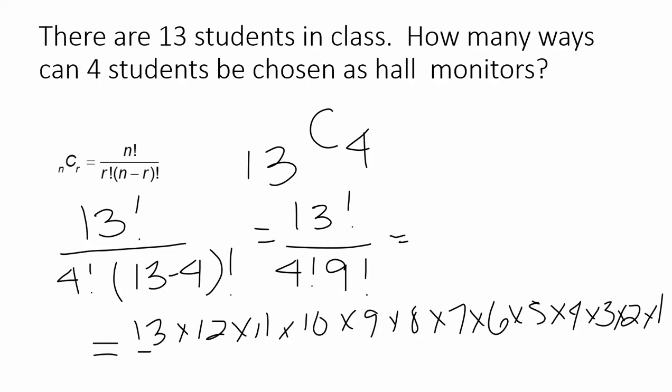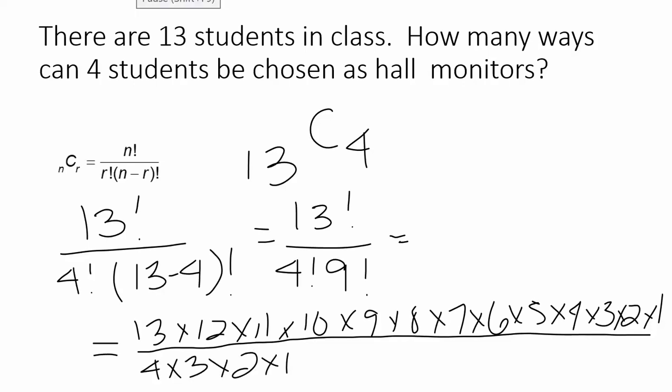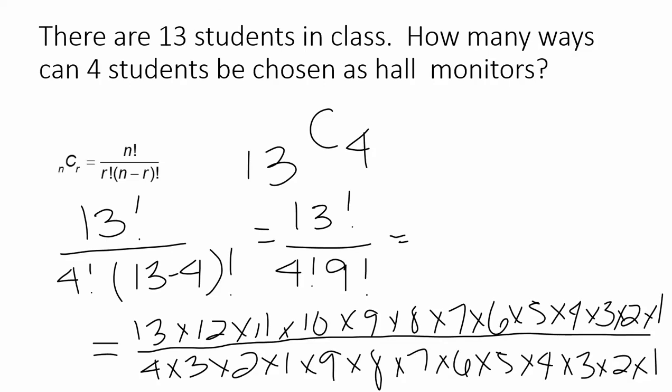So on the top, I wrote out 13 factorial, which was 13 times all the numbers down to 1. Then 4 factorial, 4 times 3 times 2 times 1, times 9 factorial. So again, I'm going to look for my numbers that cancel out. Anywhere there's the same number in the top and the bottom is going to cancel. That cancels all the way up through the 9s. Since I have large numbers, I'm actually going to look for a little bit more. I notice I have 4 times 3.